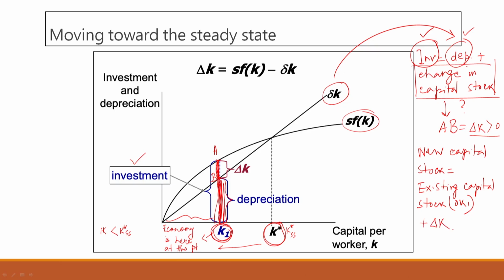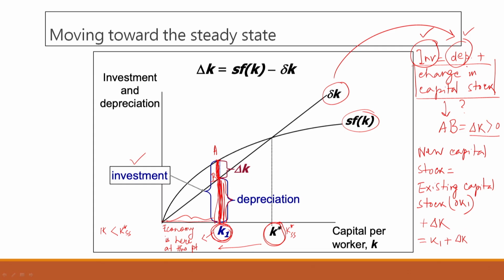So, in this process, there has been more capital that has been added to the economy. So, in other words, we have this K1 plus delta K now. I will just write K1 because here we are representing by K1, plus this delta K. So, where are we moving then in terms of this particular figure?